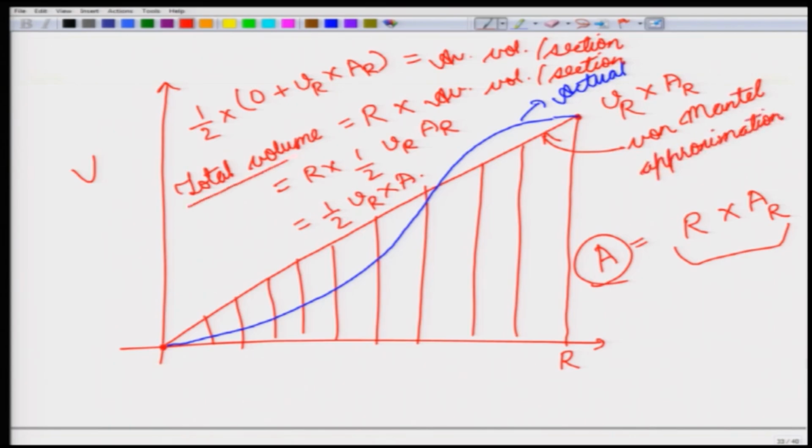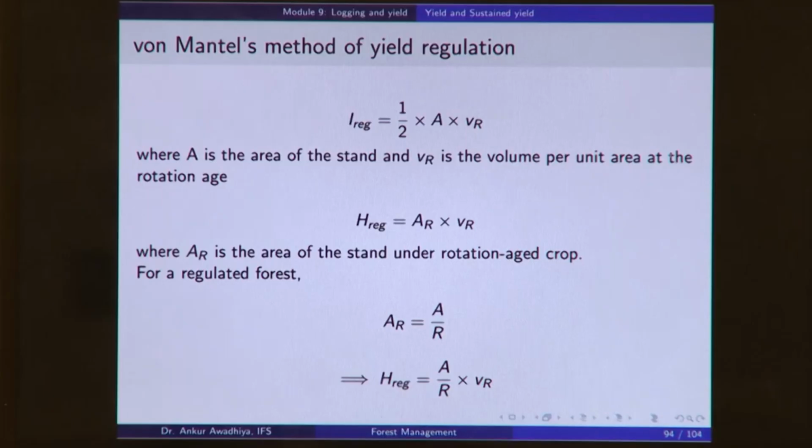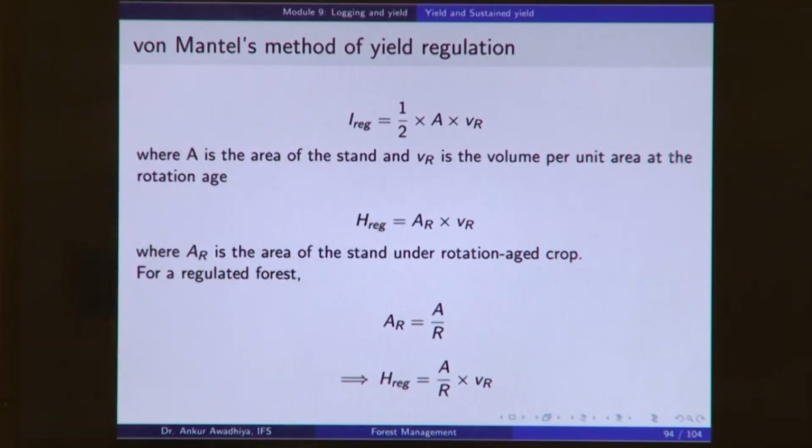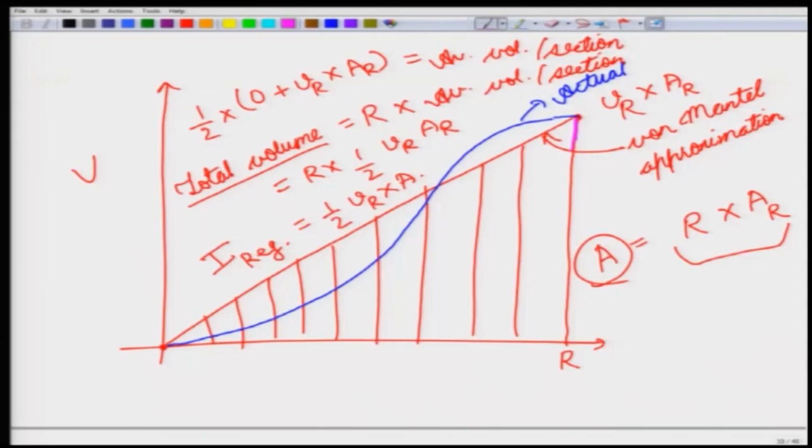Now, here this total volume is the ideal volume or the volume of a regular forest. Now, H in a regular forest, or the amount of harvesting that you will be doing in the regular forest, will be given by the crop that has reached its maturity. Now, when it has reached its maturity, we are talking about this final crop.